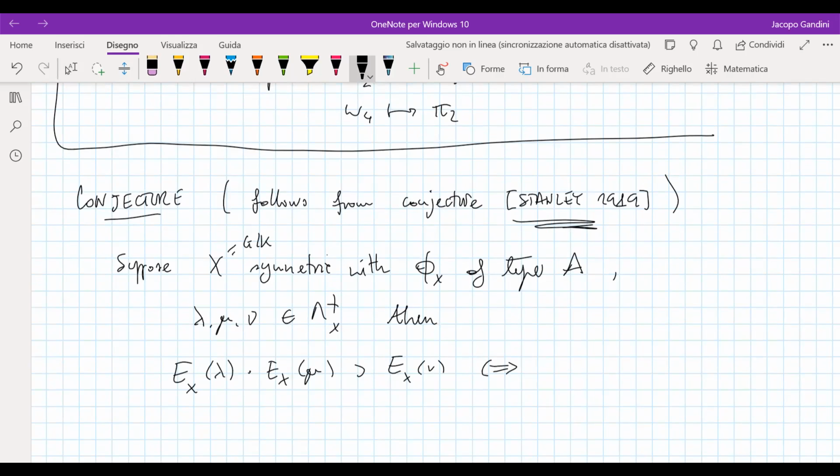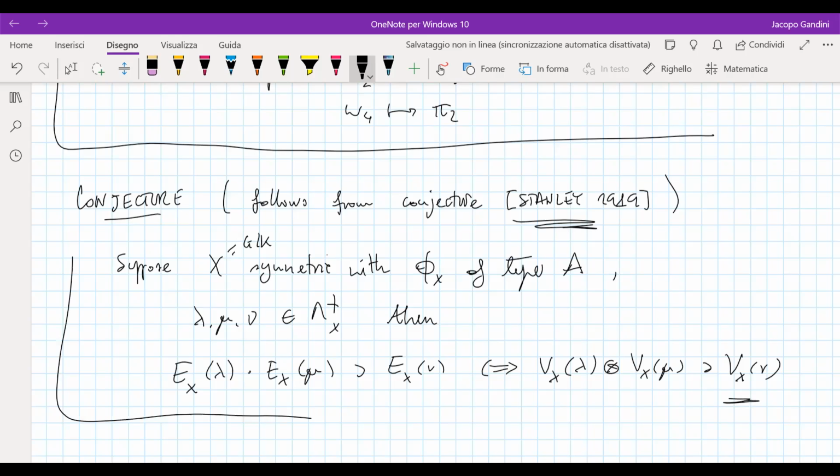This inclusion is equivalent to the corresponding inclusion for tensor products of phi x, as I mentioned before. I mean that if you take the tensor product, then inside you have an isotypical component of highest weight nu; you have a non-trivial projection on this subspace.